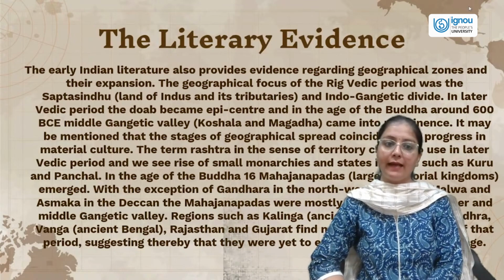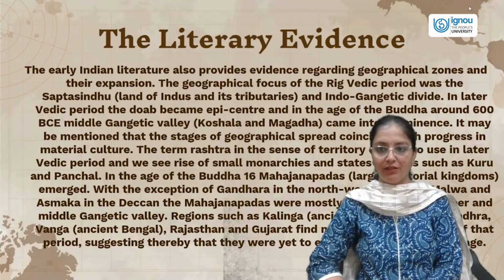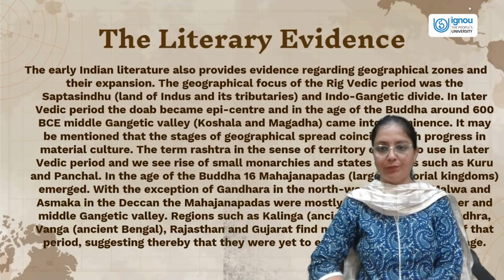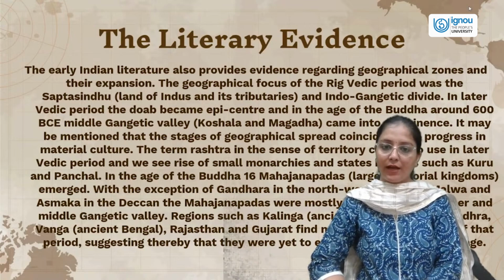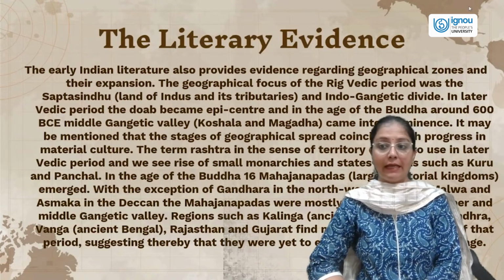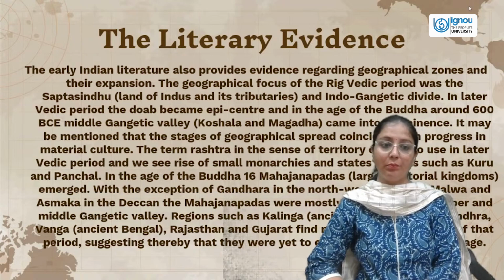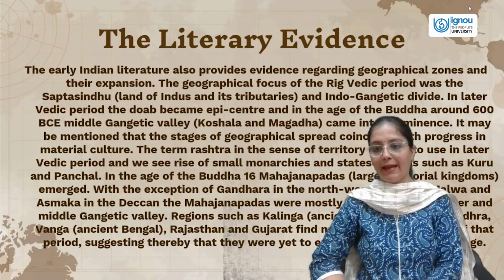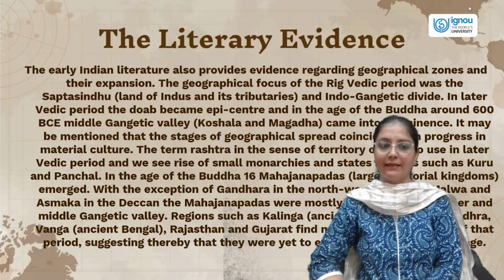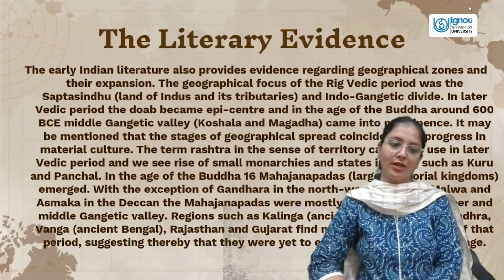It may be mentioned that the stages of geographical spread coincided with processes in material culture. The term Rashtra, in the sense of territory, came into use in the later Vedic period, and we see the rise of small monarchies and states in areas such as Kuru and Panchala.